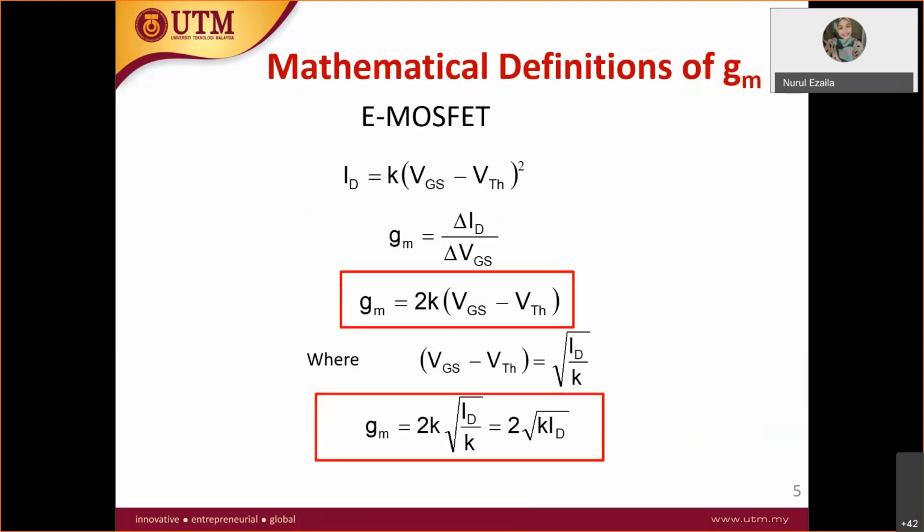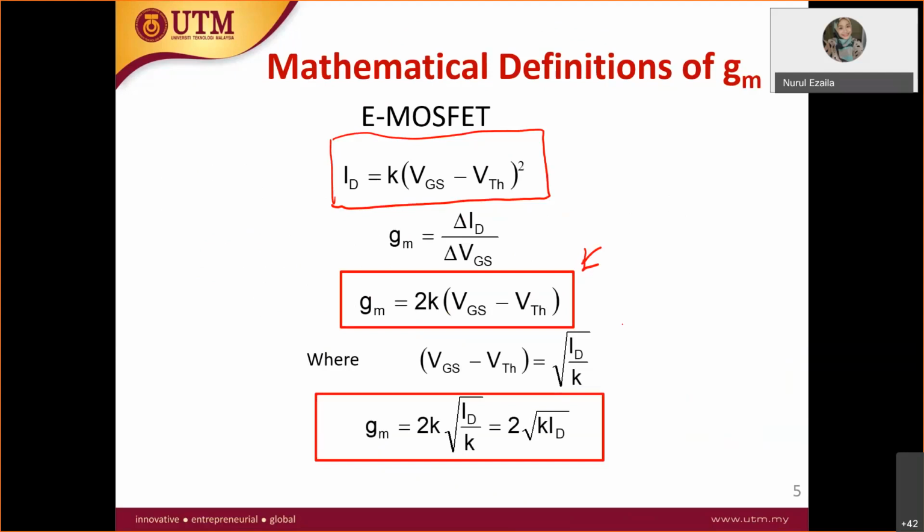So, this is the ID equation, VGS minus VTH squared. And you have to calculate your GM like this. If ID is not given, then you can use GM with this equation: 2K times (VGS minus VTH).